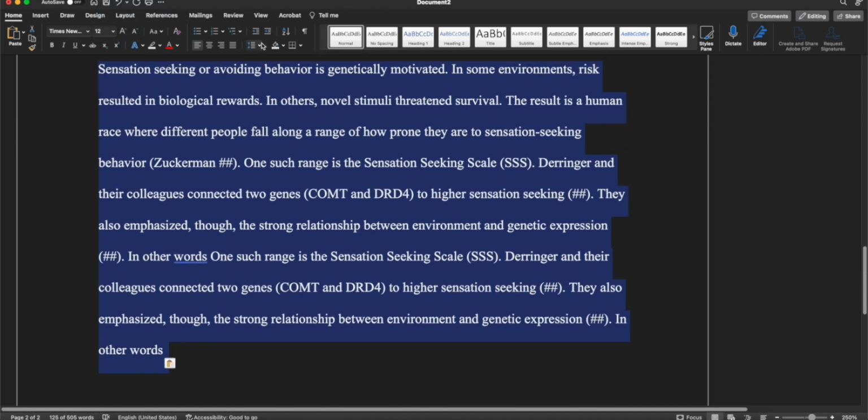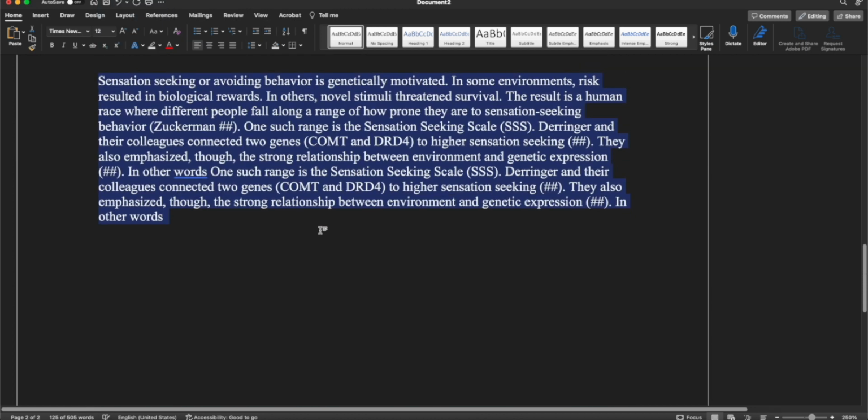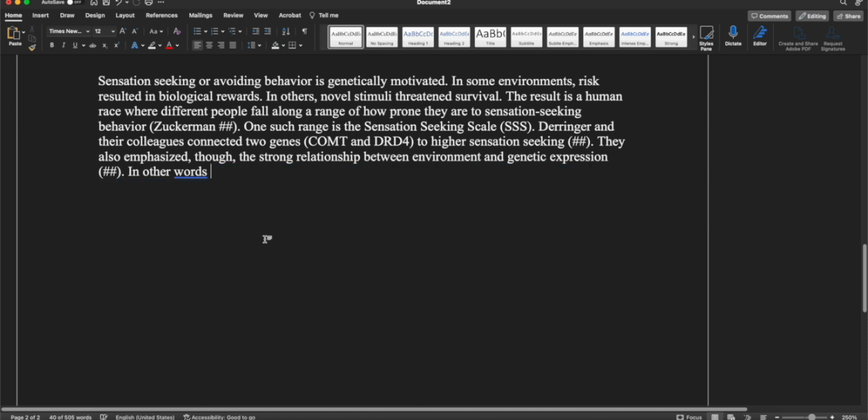Let's single space this. Well, I've got a double thing here, don't I? There it is. Okay. In other words, all right, so now we've got our citations done.